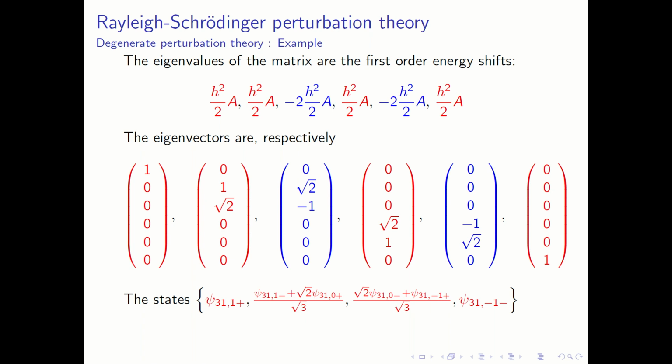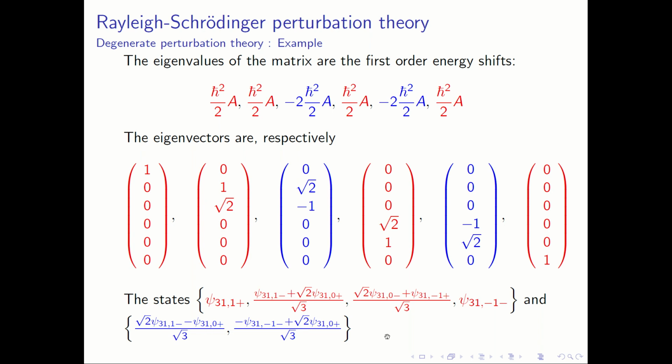So at 6 degenerate levels, applying the perturbation splits the degeneracy a bit. So instead of 6 levels which are the same energy, now you have these 4 levels which are the same energy, namely whatever the unperturbed energy was plus h cross square by 2 into A, and 2 other levels, these ones which come from the blue eigenvectors here corresponding to the blue eigenvalues.